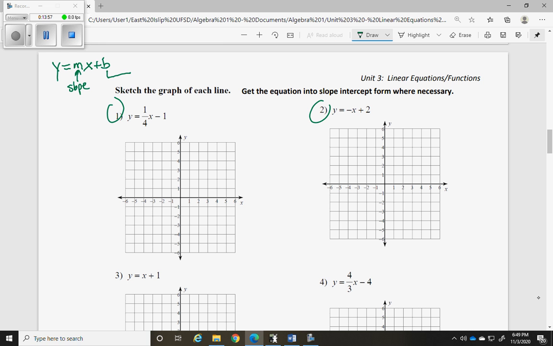We didn't learn this yesterday, but I'll tell you now, they like to use the letter b to represent something called the y-intercept. The y-intercept is the place where the line crosses the y-axis. Instead of calling it a place, maybe I should call it the point. It's the point where the line crosses the y-axis.